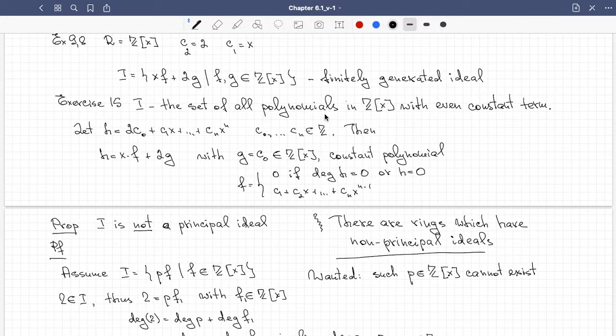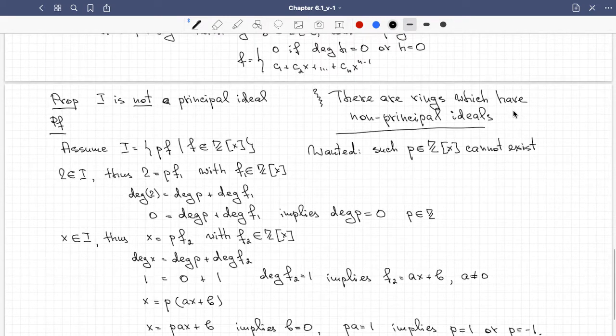This is the set of all polynomials with even constant term. The ring contains polynomials with odd constant term.